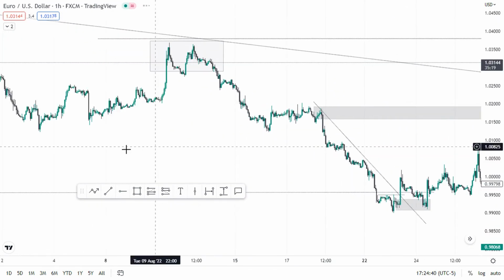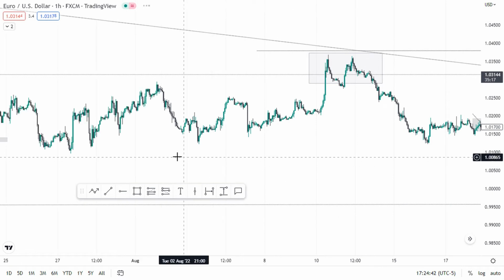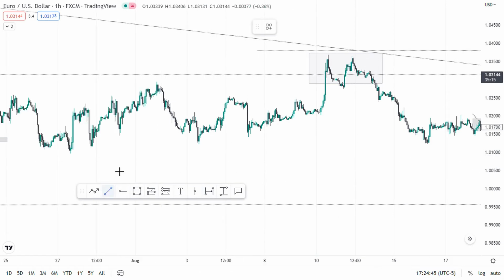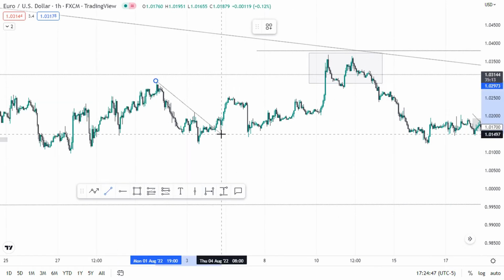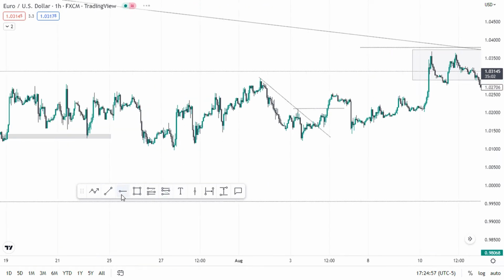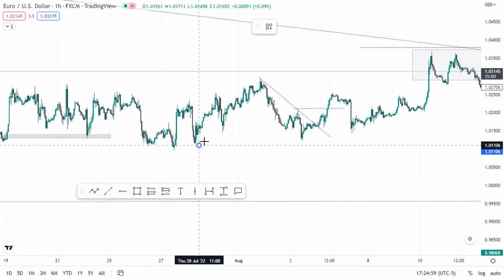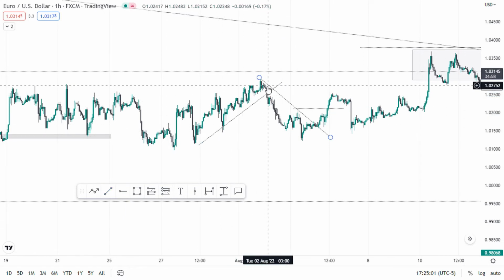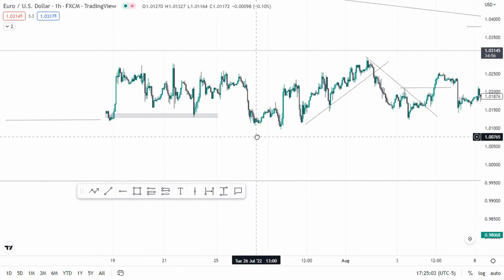So if we keep scrolling back, at every consolidation you see how the trend line tool could have helped in predicting reversals. In this case, there was also a break of structure, the market came back, retested the other block, and moved. Same thing right here, the trend line broke and the market sold.